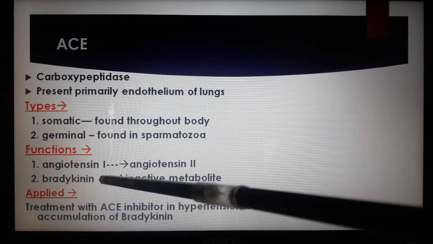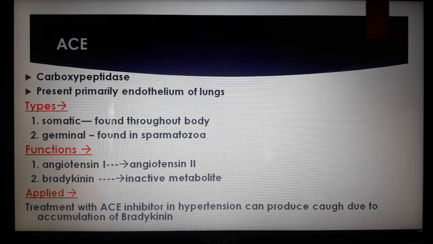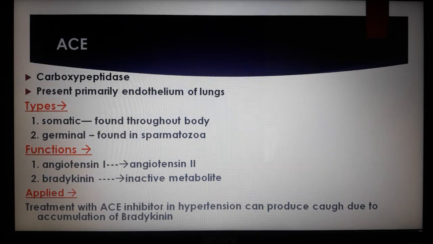It inhibits these steps, and this causes accumulation of bradykinin, which in 20% of cases may cause intractable cough, which limits our treatment. It is managed either by withdrawal of the ACE inhibitor, choosing another antihypertensive, or we can give aspirin, which breaks down bradykinin in another way.